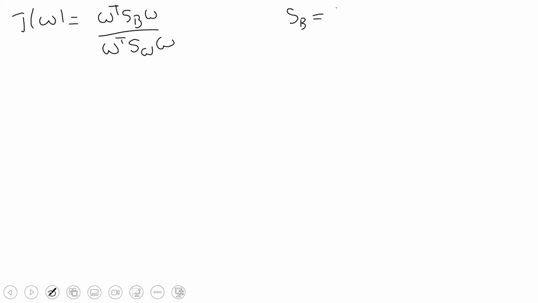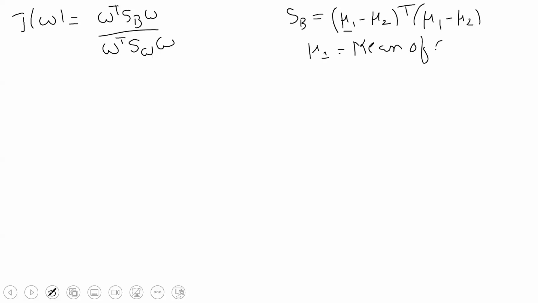So I'm writing SB as mu1 minus mu2 whole transpose into mu1 minus mu2, where mu1 is the mean of class 1 or category 1, and mu2 is the mean of class 2.